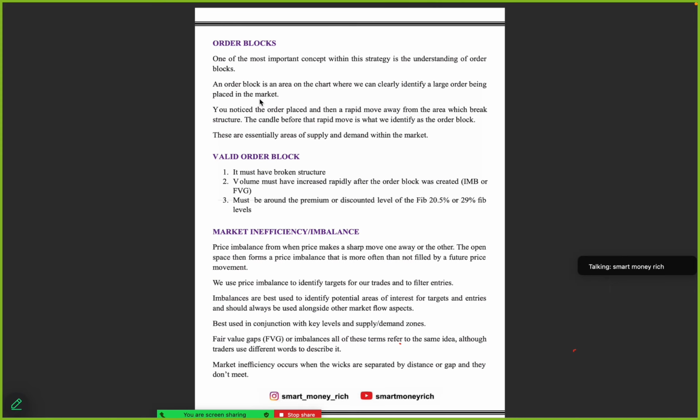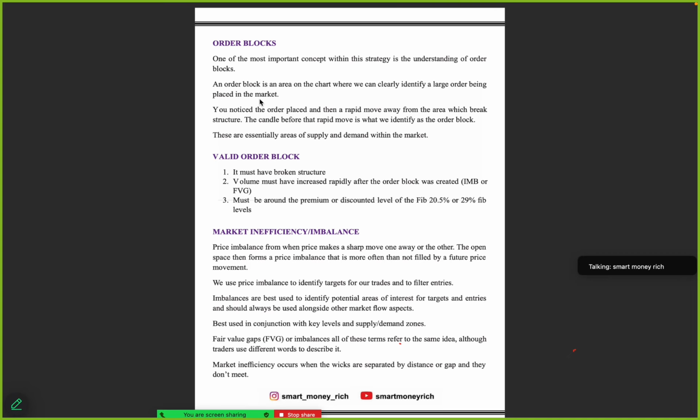Order blocks simply tell us where the smart money themselves entered the market, where they bought or where they sold. That's why it's called an order block, because there are multiple orders that have been placed at that particular level.